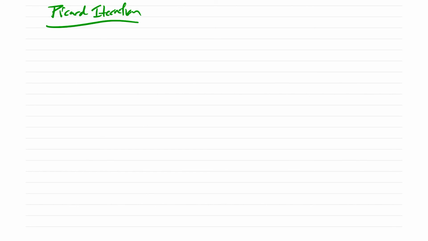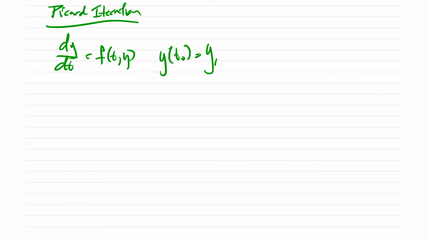But the idea here is that you're trying to solve again, say dy/dt is equal to f of t comma y, with y of t naught equal to y naught. The idea is that you're just trying to make up a sequence of guesses, and so you start off with some phi naught of t, and you guess that maybe that should be equal to just y naught.